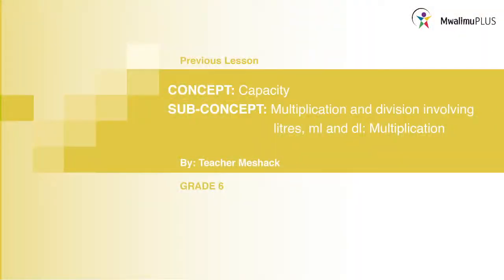So learners, I want us to go to our previous lesson. You remember that we were dealing with capacity. In capacity, we were looking at multiplication and division involving liters.